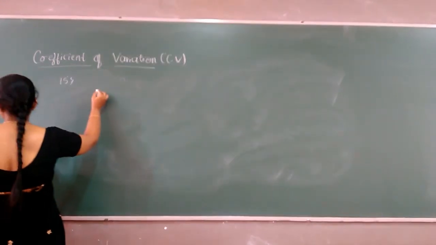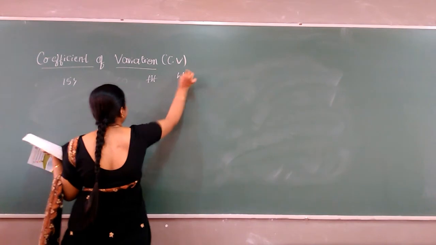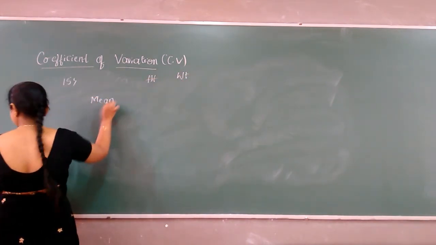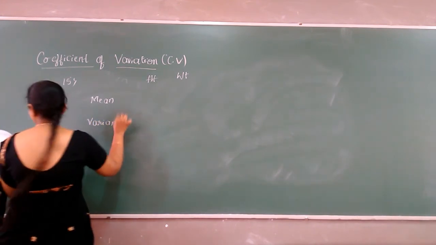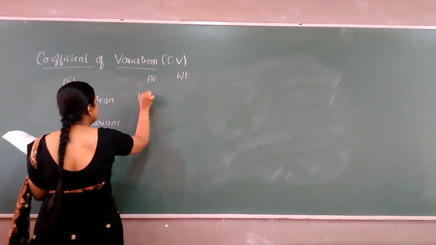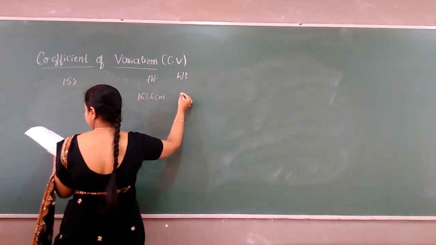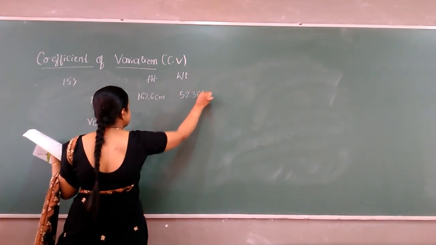Here it is given: height, this is weight, here it is mean and here it is variance. The mean for height is 162.6 centimeters and the mean weight is 52.36 kg.